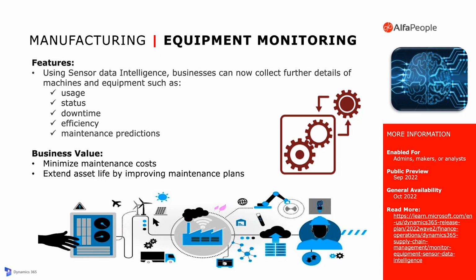This solution provides real-time visibility into maintenance, inventory, planning, and cost, enabling your organization to drive critical business processes completely automated based on sensor data from machines and equipment on the production floor.